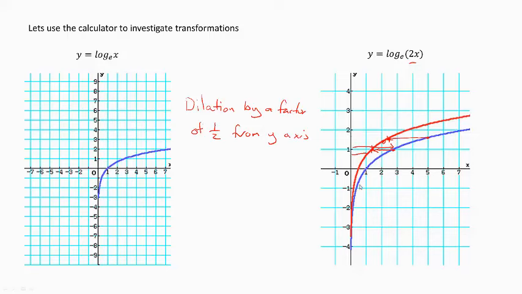And you can look down here as well, and you can see that this point has now moved to there. It's 1/2 of where it was before. So our original xy point is now a half x, but the y coordinate stays the same.